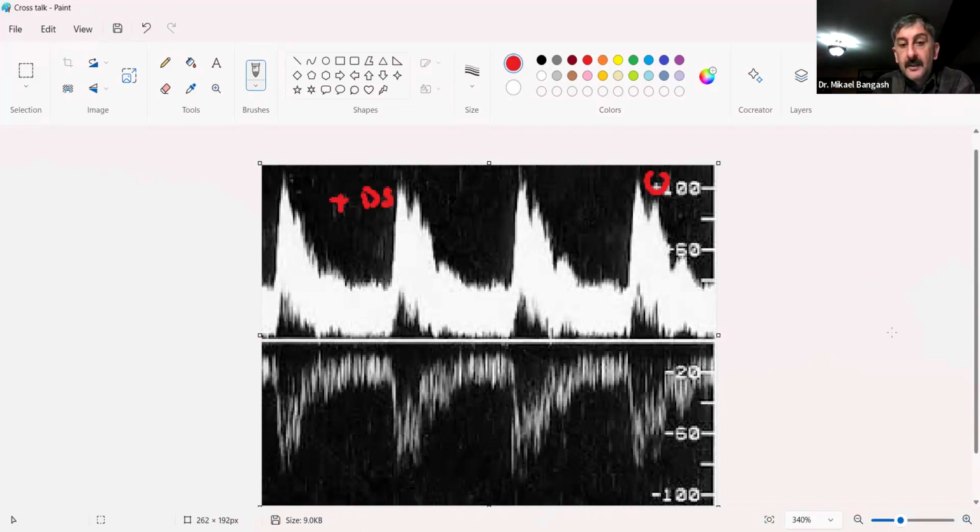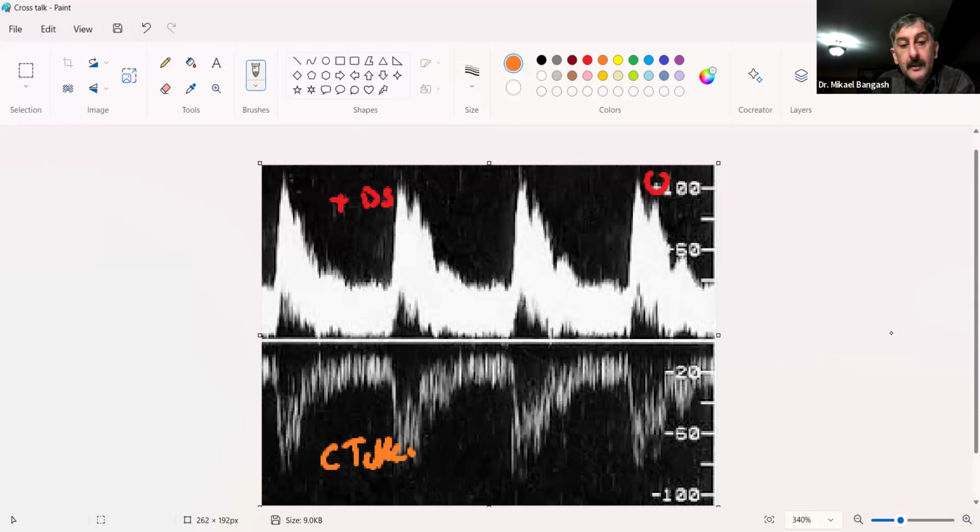You may be asked what artifact you see, if any. Well, the artifact is going to be crosstalk. They may ask you which of these two reflections or graphs here is real or fake.